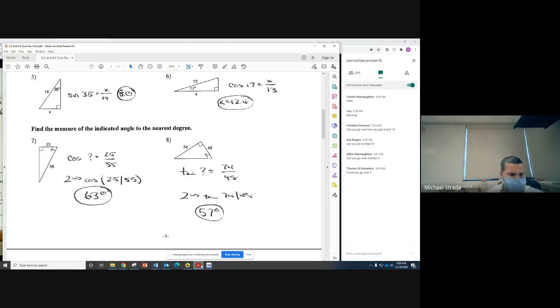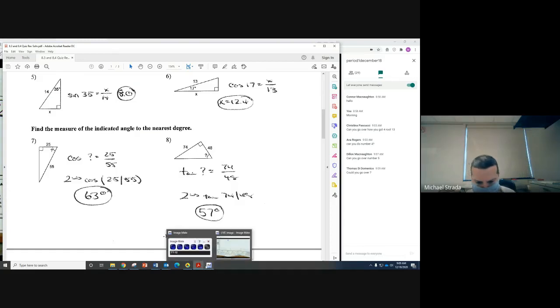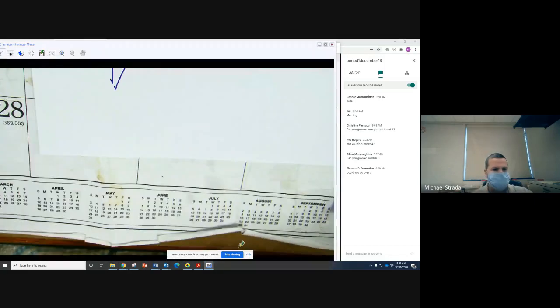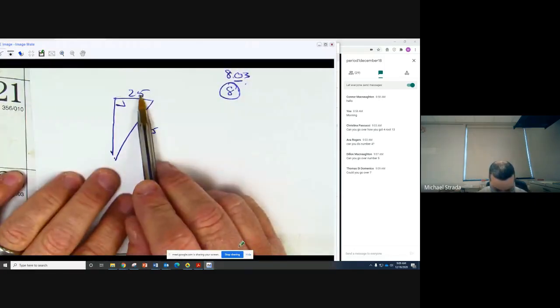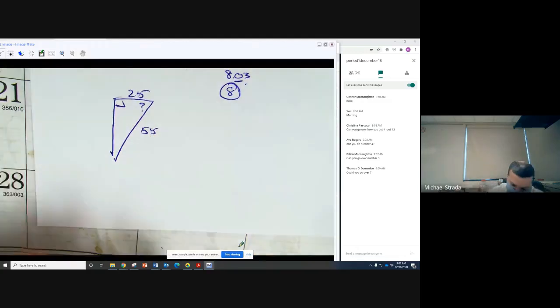Once I have it up on the screen, we have 25 and 55, and that's the angle we're trying to find. So 25 is the adjacent, 55 is the hypotenuse. That means we're using cosine.